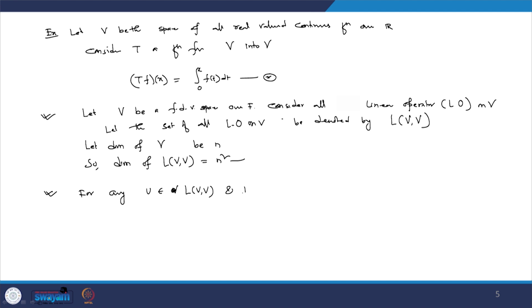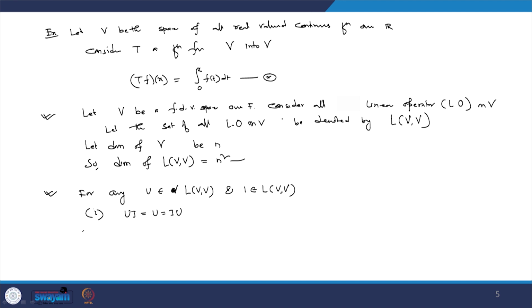I belongs to L(V,V). We have U into I equal to U, which is equal to I into U also.